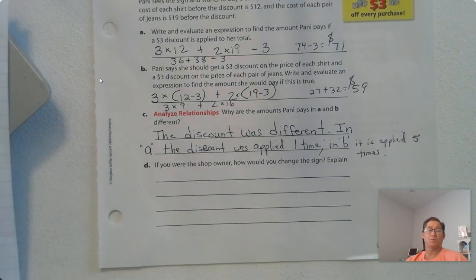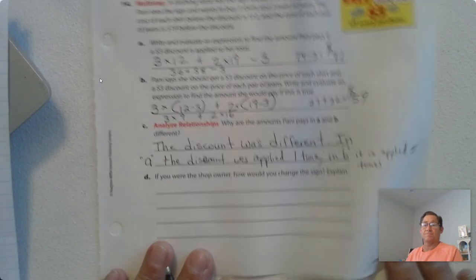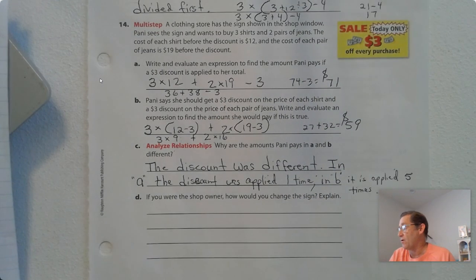Okay. So if you were the shop owner, how would you change the sign? Well, it would have to say something like $3 discount off your entire purchase.